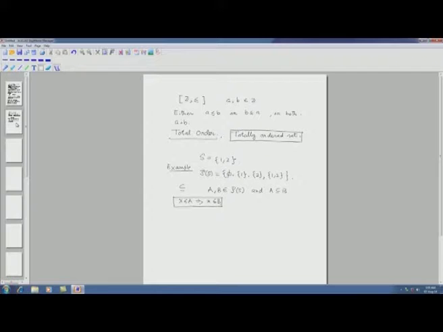Now, this relation is also a partial order.